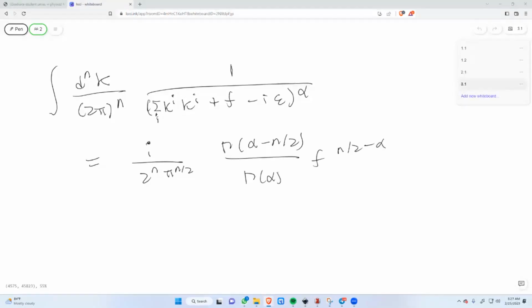And the residue of gamma at minus n is minus 1 to the n over n factorial. This residue basically means that if you have a pole, then the residue of c over z is c.